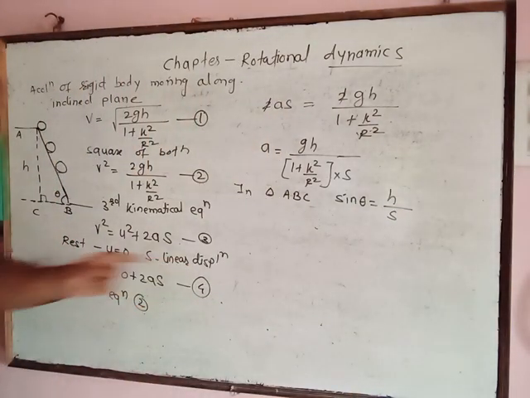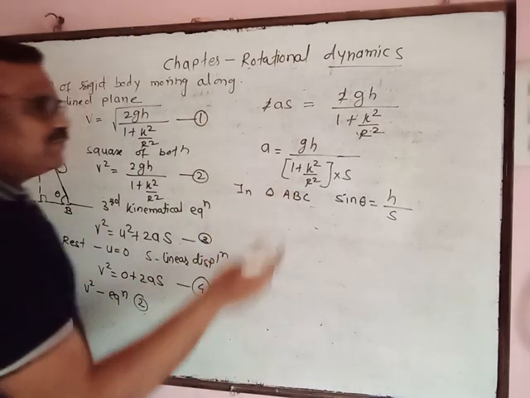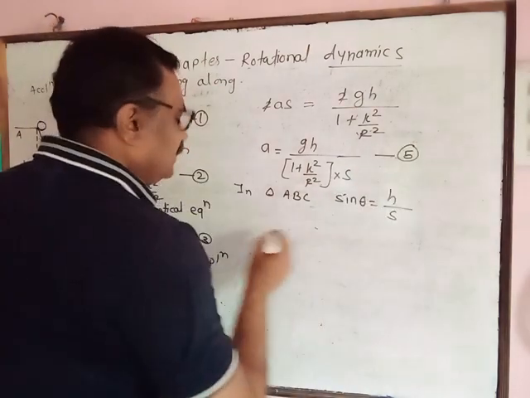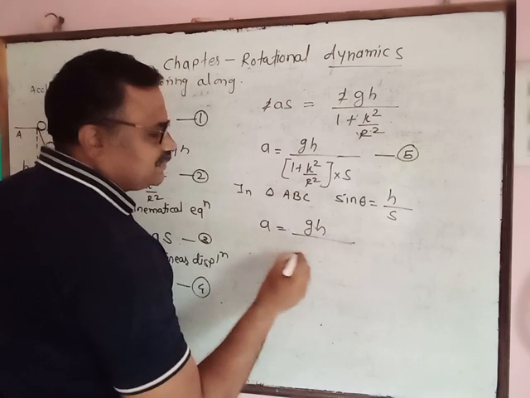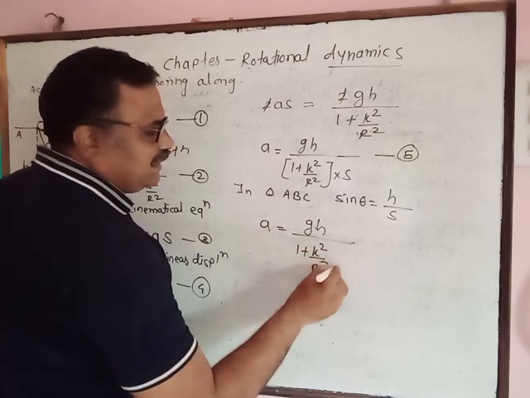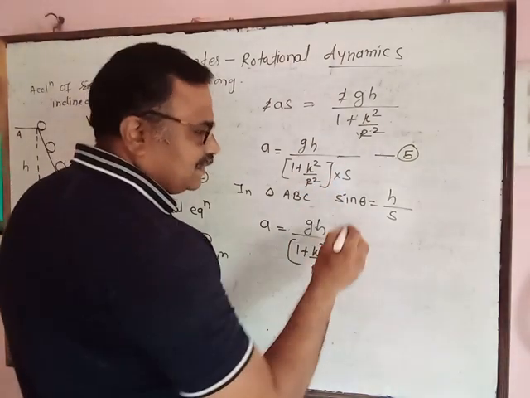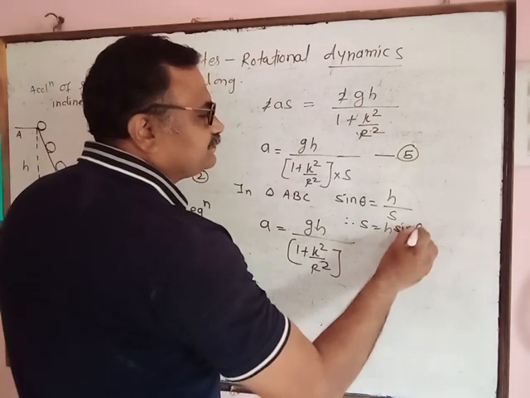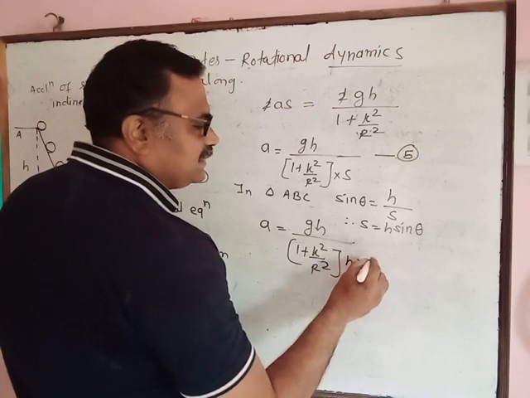AB is the linear displacement and it is denoted by s. Substituting the value in equation number 5, we get acceleration equal to g into h upon 1 plus k square upon r square, into h upon s. S means h sin theta. Therefore, h into sin theta.